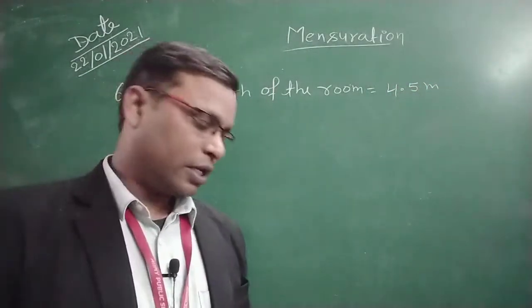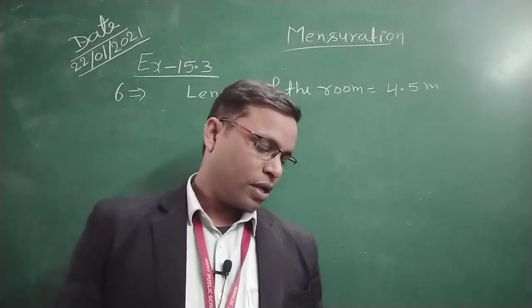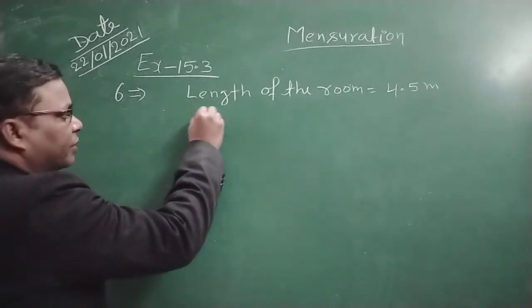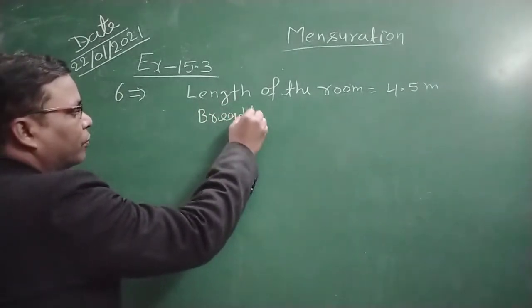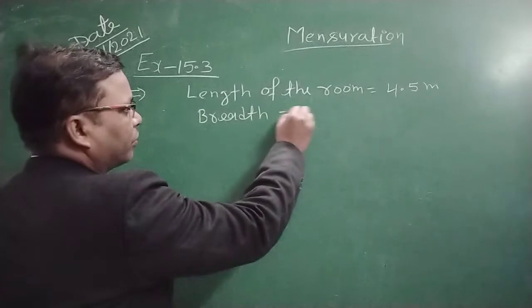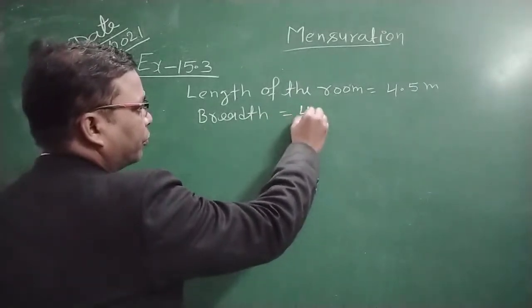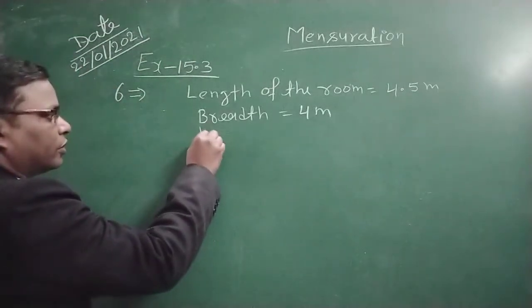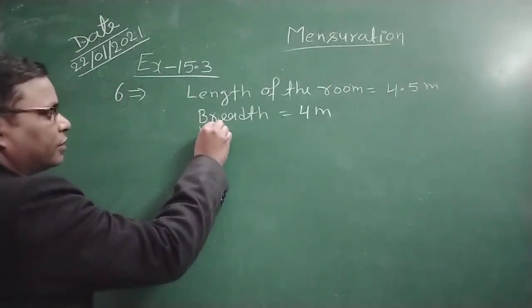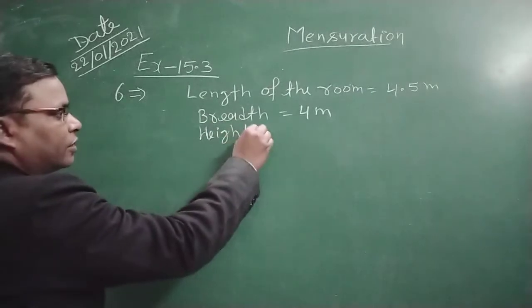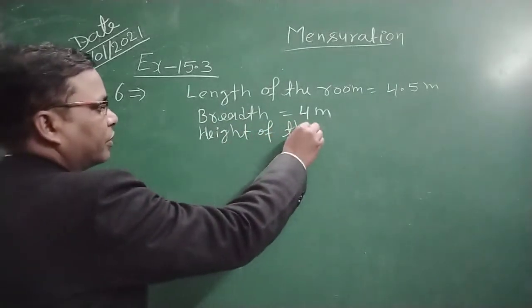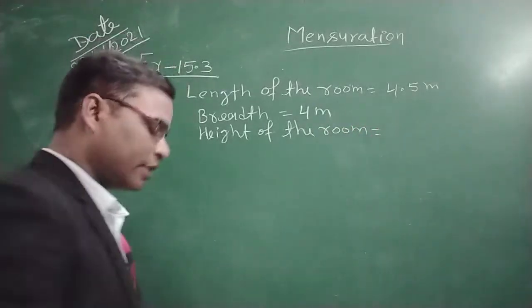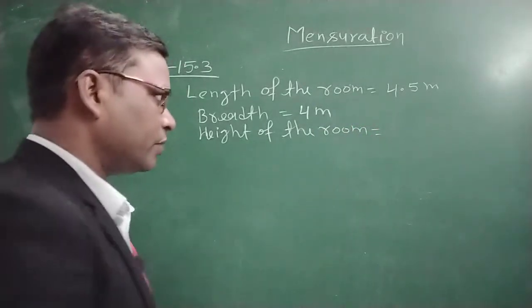Also, the breadth of the room is given, equal to 4 meter, and the height of the room is given here, 3 meter.